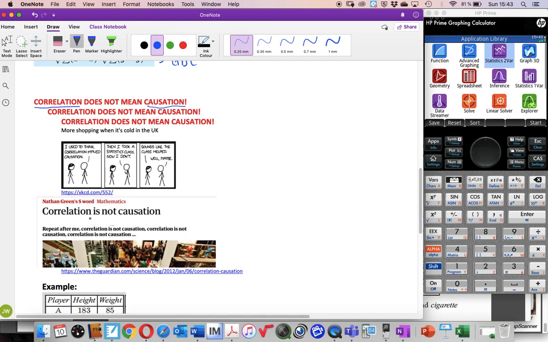If you take a university class on statistics, your professor will likely shout at you that correlation does not mean causation. Another real life example of this was smoking and lung cancer. I realized I could have written this out before. So it took actually decades. There was clear evidence that there's a correlation between smoking and lung cancer.